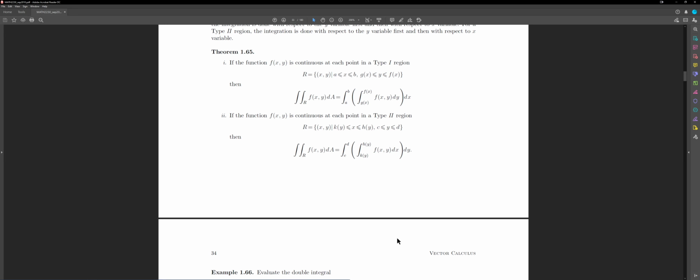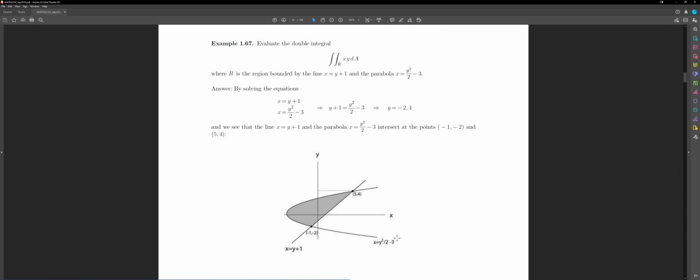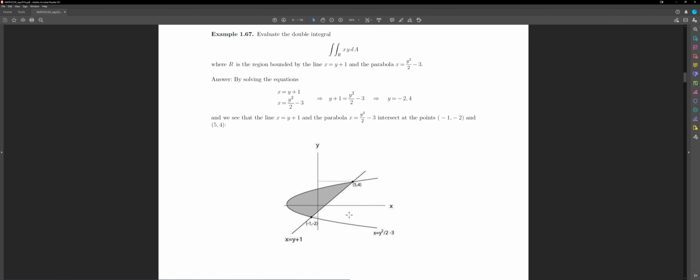Okay, right. So in this case, we express this as a type 2 region. The top curve is x is equal to y plus 1. The bottom curve is x is equal to y squared on 2 minus 3. And then the y values lie between minus 2 and 4, right?